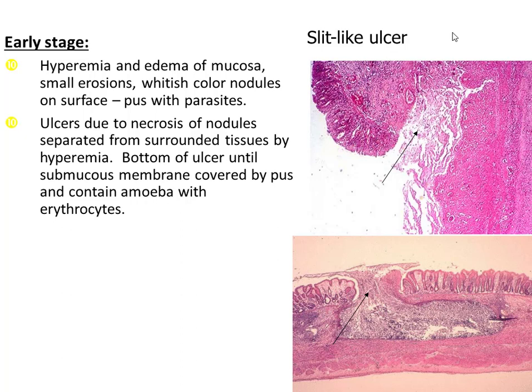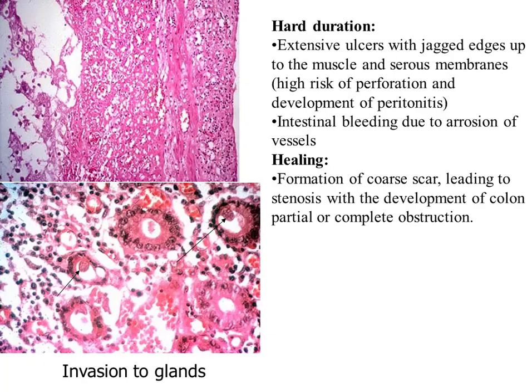Ulcers are surrounded by a belt of hyperemia. The mucous membrane outside the affected areas is little changed. Acute symptoms of intestinal amoebiasis usually remain 4-6 weeks. Then the condition of the patient improves, and remission comes.